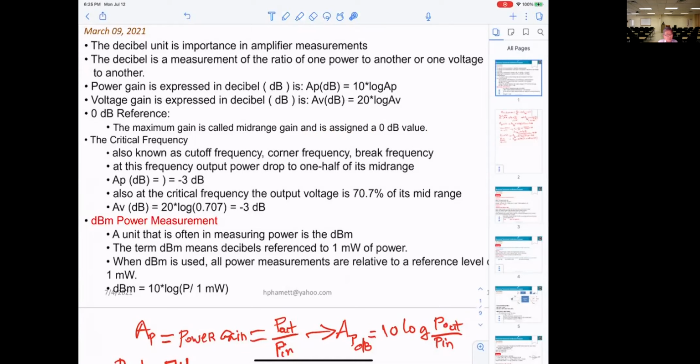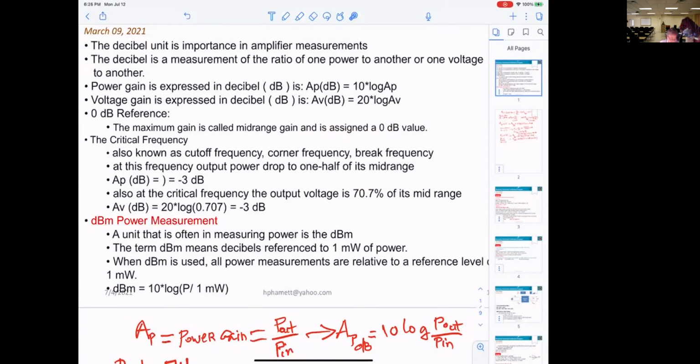You get no loss, so that's why it is 0 dB. Make sure you understand 0 dB. That means you take the log of number 1. Number 1 just tells you input and output will be the same thing.